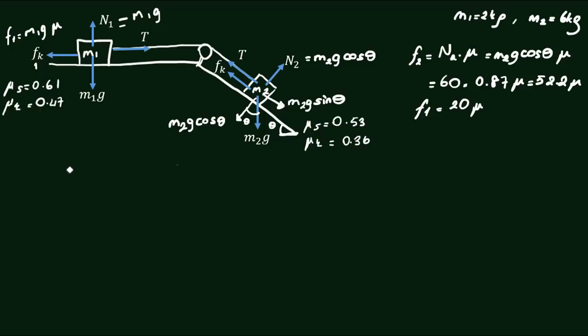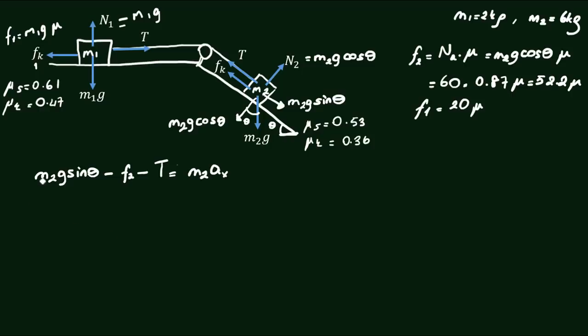Now let's write down the net force, or an equation of motion, for this one. M2G sine theta is pulling it this way, minus the friction force F2 acting on it, minus the tension force acting against it, equals M2 AX.